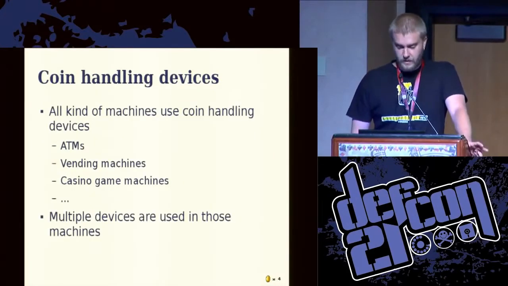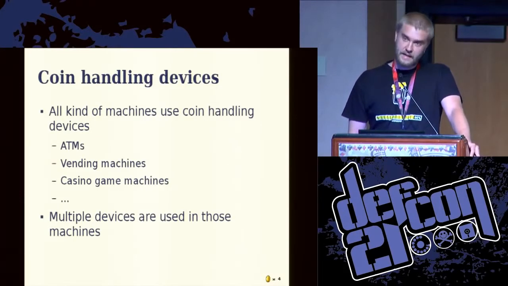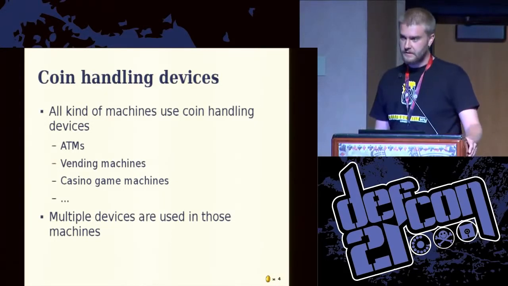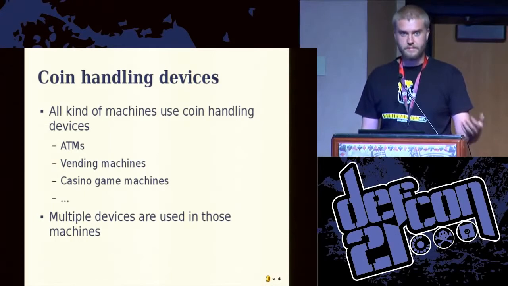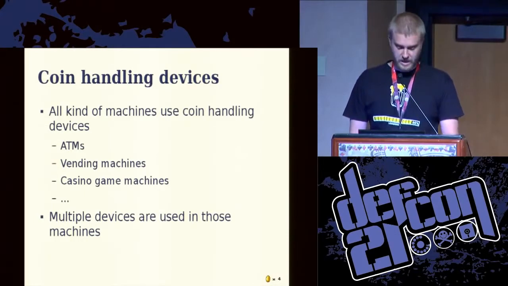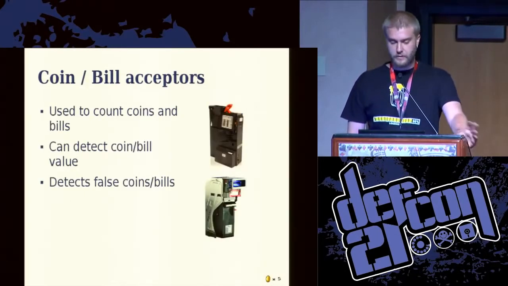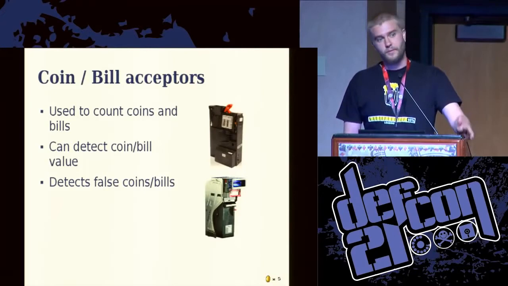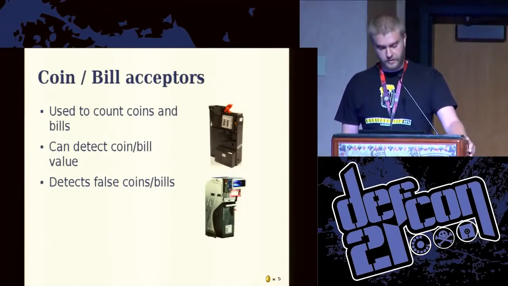First of all, any kind of machines that accept coins or bills are used every day, especially in casinos or in Vegas, like ATMs, vending machines, slot machines, etc. And there are multiple devices that are used to process money and give money back. For instance, coin and bill acceptors are used to count coins and bills, and can also detect if you insert a false coin or a coin from another country.